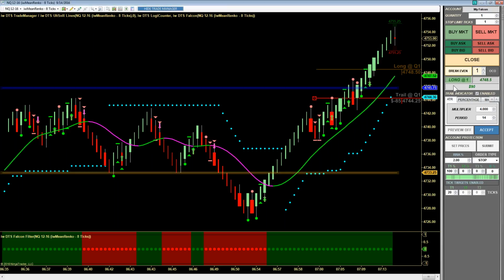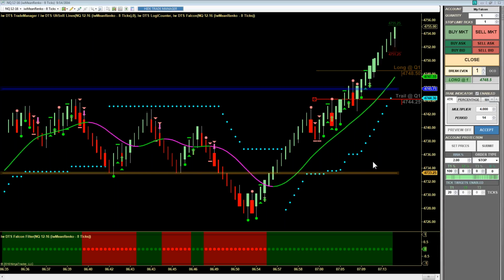I have about $100 in open profit. Do I take the $100? Do I try to run it out for more? Well, it's a tough call. The E-mini trades at $12.50 a tick. The NASDAQ trades at $5. So you can essentially trade 2 NASDAQ contracts for each E-mini contract. And depending on how the trade's set up, sometimes you can even trade 3 contracts.